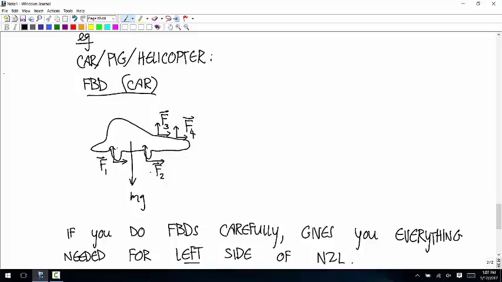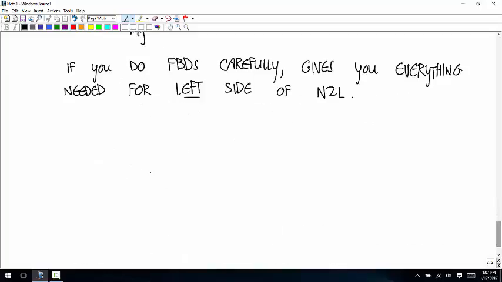All right, let's do a couple examples and see how this fits into the second law.